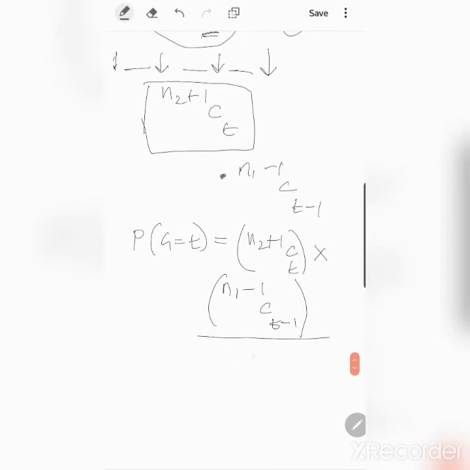Then you divide this by n1 plus n2 c n1. So this is the probability that I have exactly t groups of positive values.